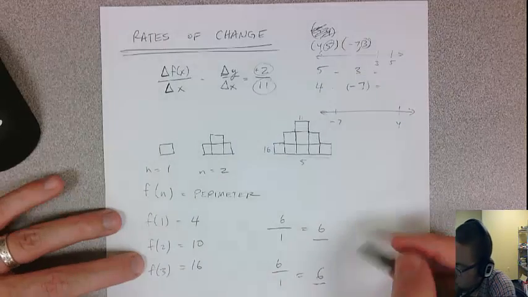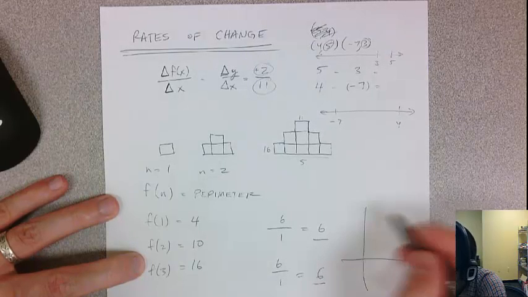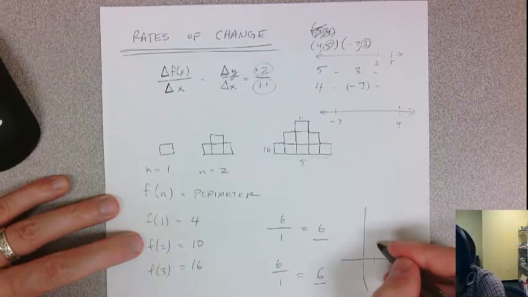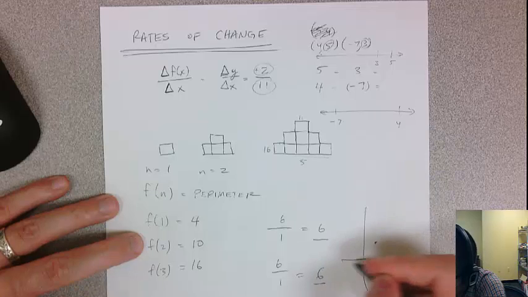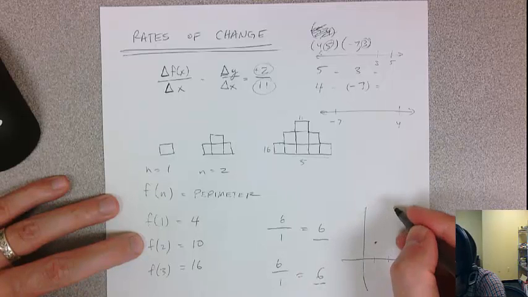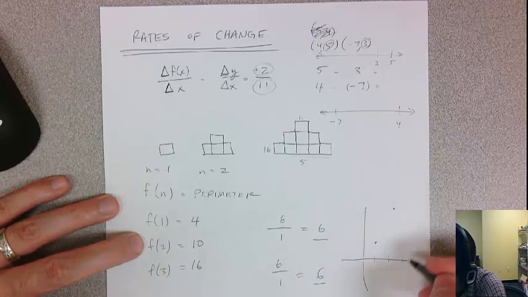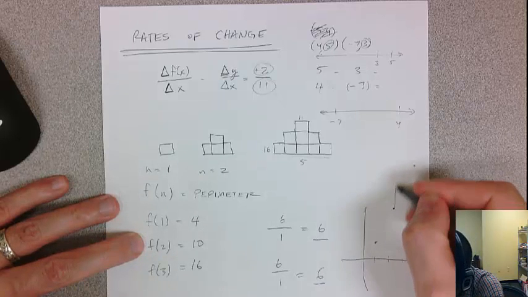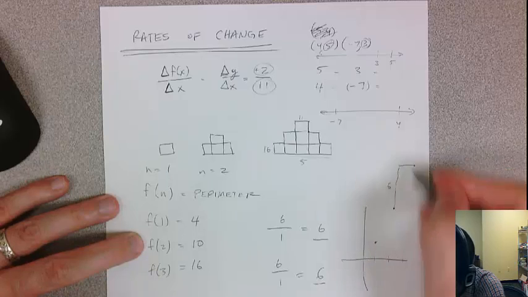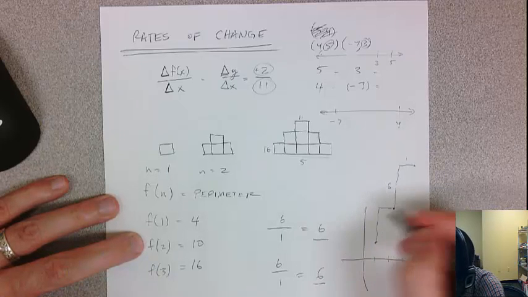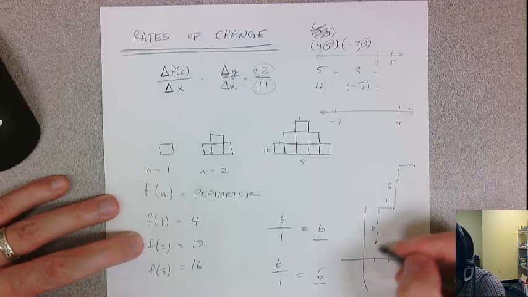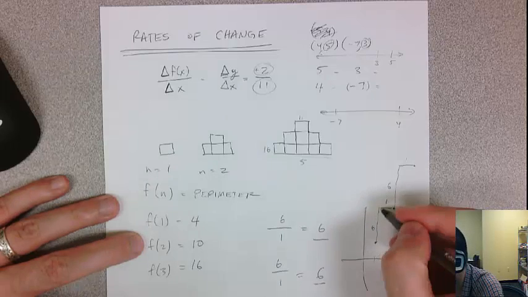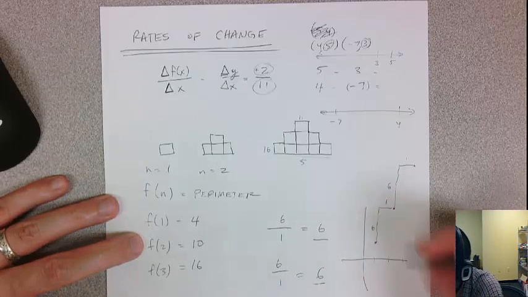rate of change. So if you were to graph this in the plane, we say at point 1 it's 4, and then at point 2 it's 10, so it's 6 more, and then at point 3 it was 6 more. And you would see that when it's growing by the same amount constantly, it's going up by 6 to the next function value, and over by 1, up by 6, and over by 1.